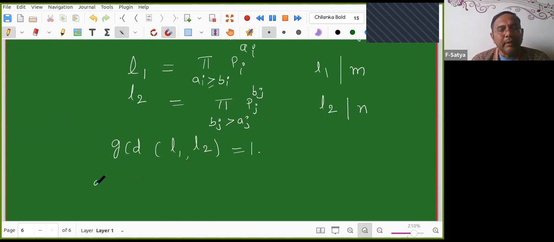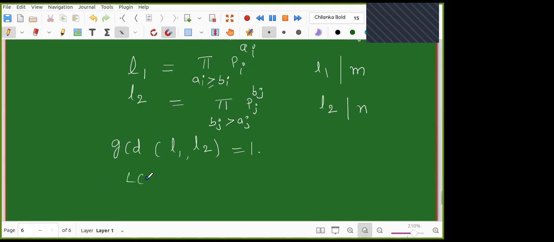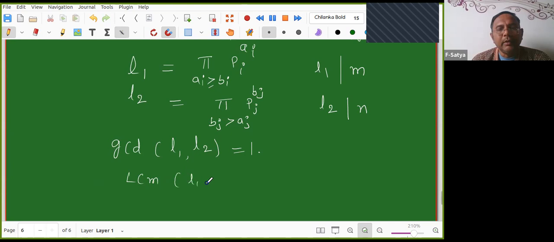So I will take my G1 power, right? What is that I have to take? What is my element actually, whose order equals the LCM of L1, L2? Can you tell me that? LCM of L1, L2.